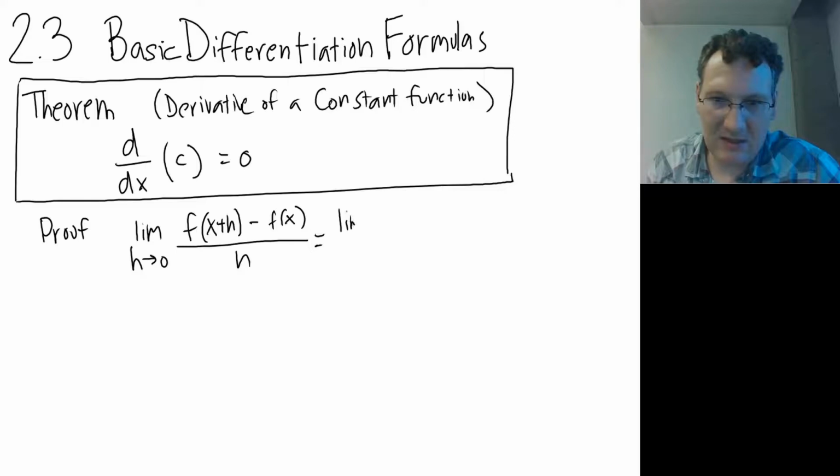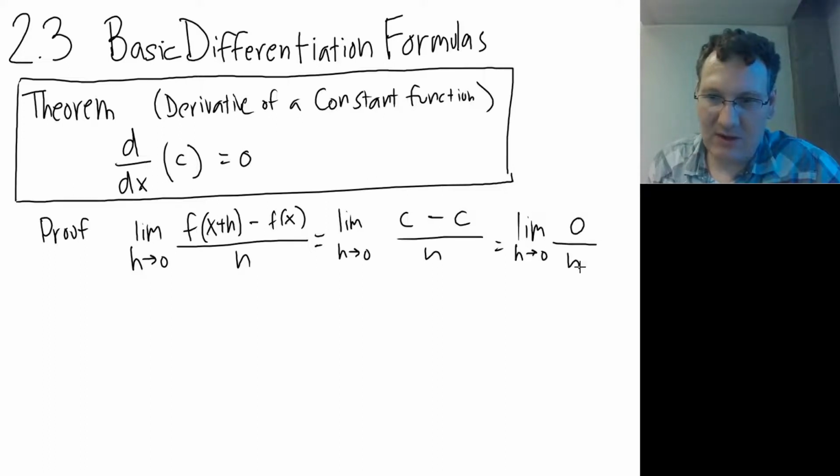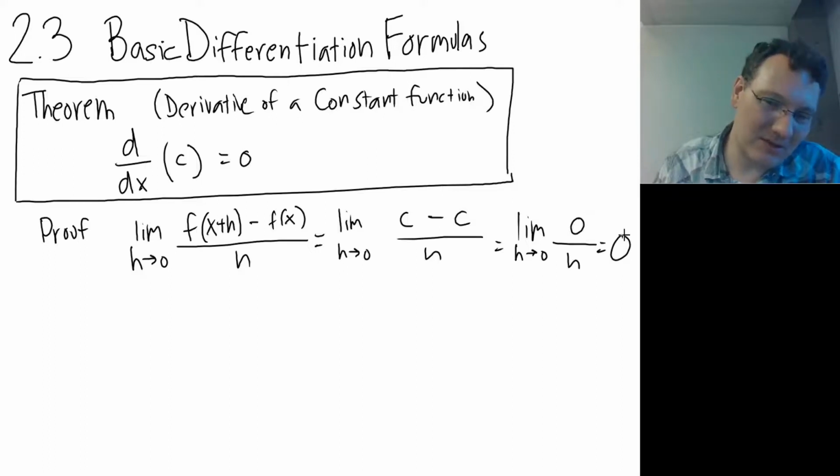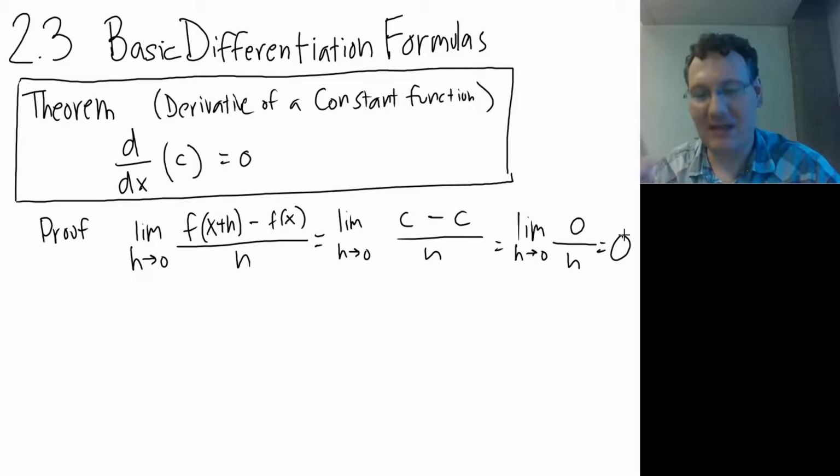So this is the limit as h goes to 0 of c minus c over h. This is the limit as h goes to 0 of just 0 over h. And since that 0 over h is always 0, as long as h isn't 0, for any value h, it's 0. And the limit is the value of this as h approaches 0, but not when h equals 0. It's going to be 0.